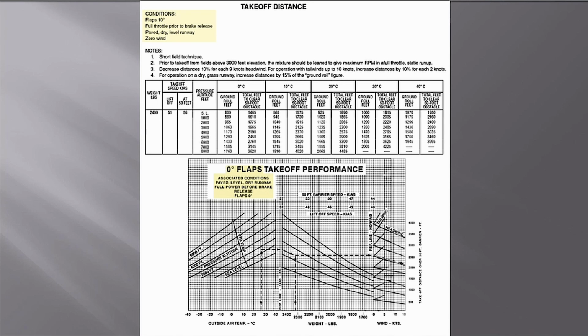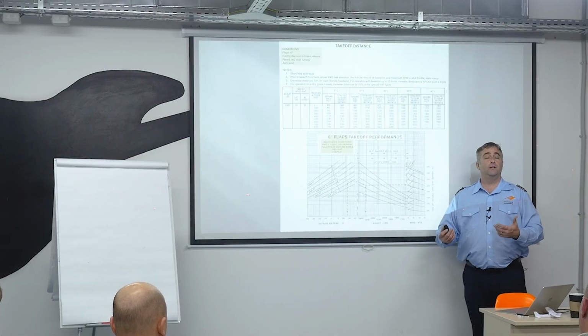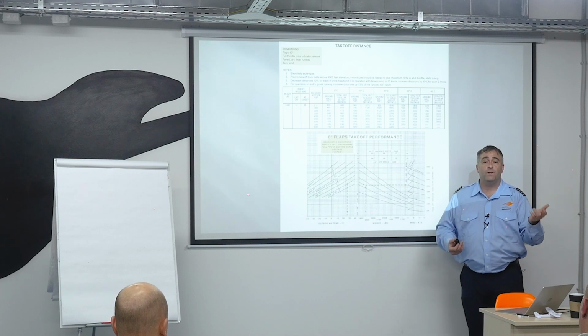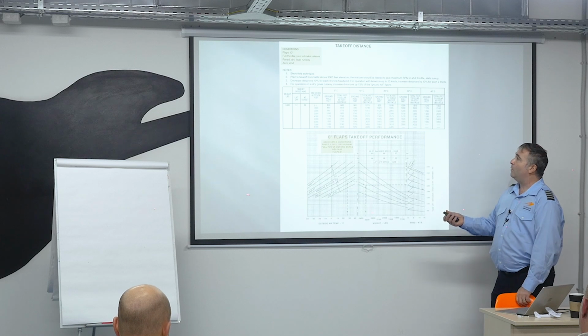None of these things are complicated, but what's important is that I sit down, I take just a little bit of time, 1, 2, 3 minutes, whatever, and I go through with my current conditions and find the answer that's representative of the performance I expect for today. Okay? So number one, I start with whatever the weight of the airplane is.